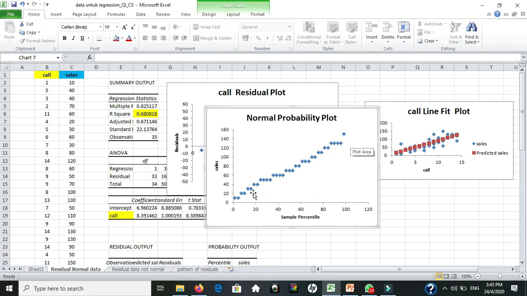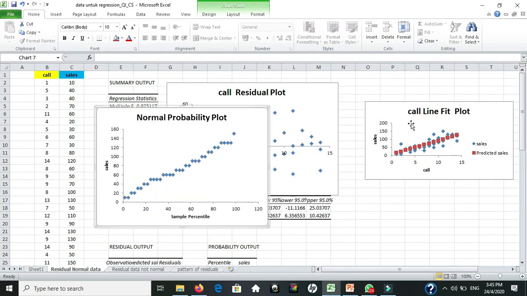If, for example, the dots approximately form a straight line like this, then we tend to believe that the error or the residual is normally distributed. So that is the information that we get from the normal probability plot.